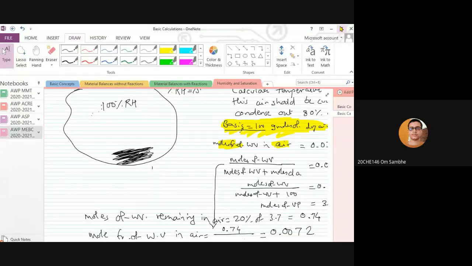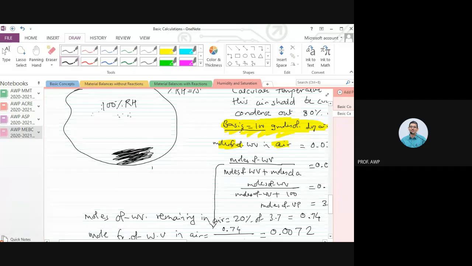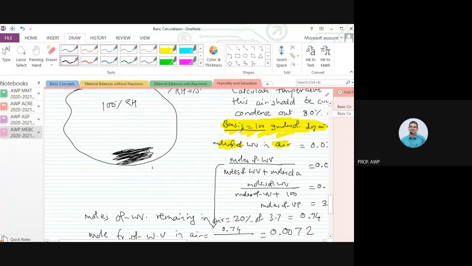Yes, because whatever water vapor was there has now become liquid water. Only that much liquid water will form so that the air holds the maximum possible amount of water. What is the maximum possible amount of water that air can hold? It corresponds to the vapor pressure at that particular temperature. Isn't it? Yes, sir.